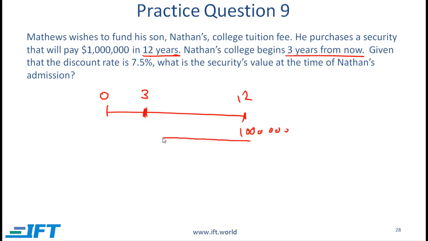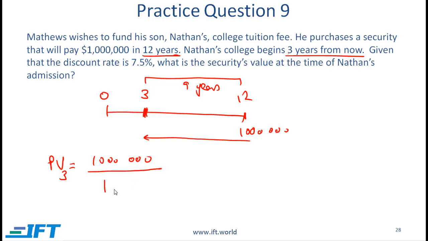We need to discount this back. How many periods? Between the end of year 3 and the end of year 12, we have 9 years. So this needs to be discounted back 9 years. And again, you can do this on the calculator, or you can do this using the formula. The present value at the end of year 3 over here is equal to 1 million divided by 1.075 to the power of 9, and the answer that should give you is 521,583.